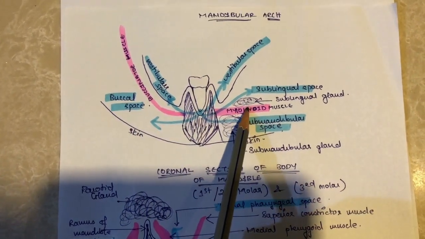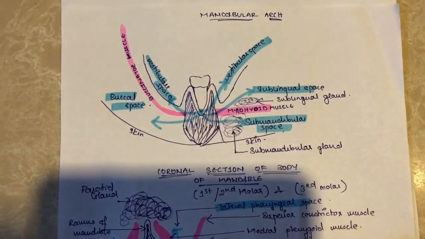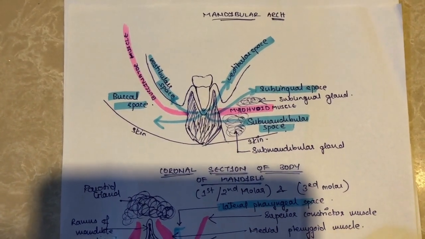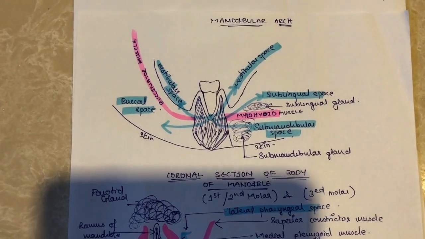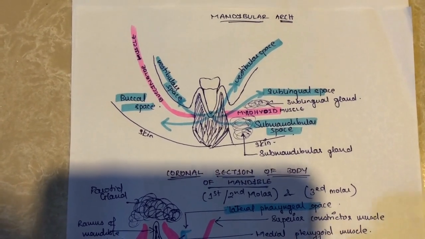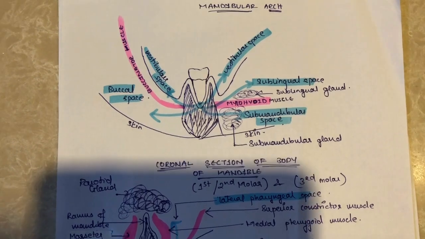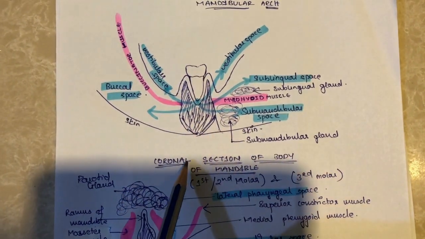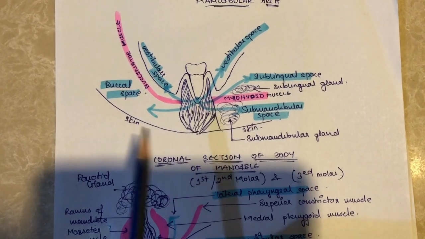the mylohyoid muscle. So there are various directions in which a periapical infection or a periodontal infection can spread through the first and second molar. We talk about the buccal aspect in the coronal section of the body of the mandible.